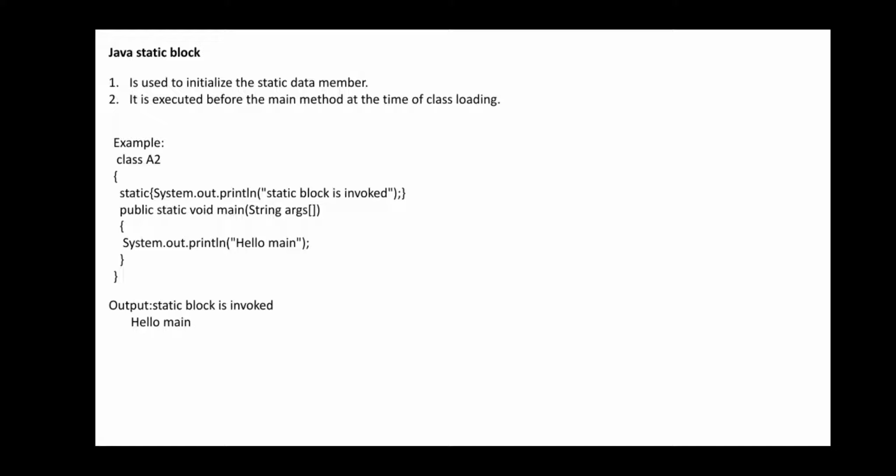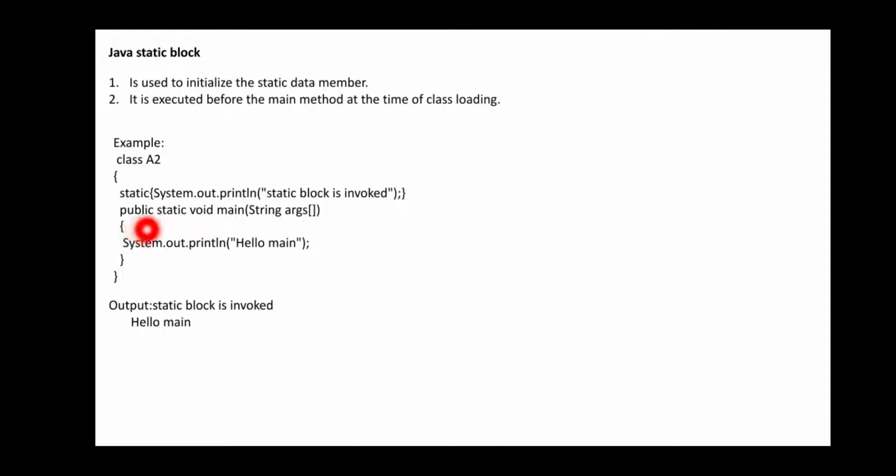According to the statement, it is executed before the main method at the time of class loading. When you are loading the class, before the main method, it is going to execute. But according to the Java rules, until you enter the main method, you can't execute any statements before the main method. But when you use static block statements, you can execute before the main method statements.